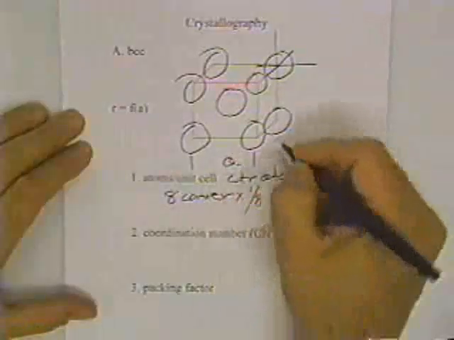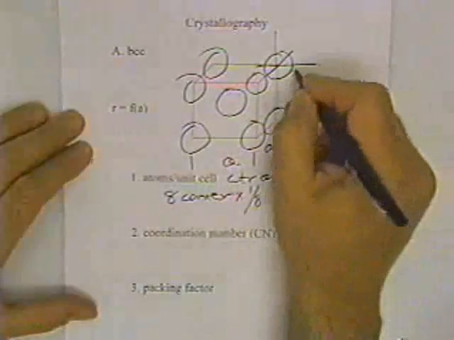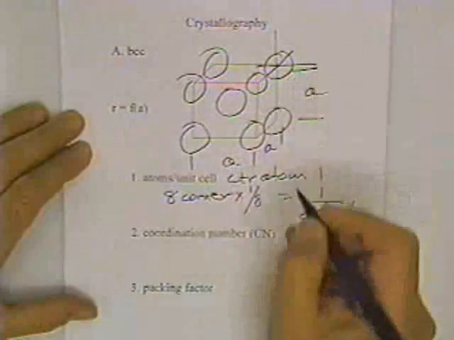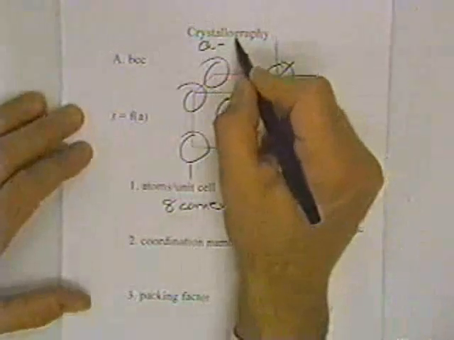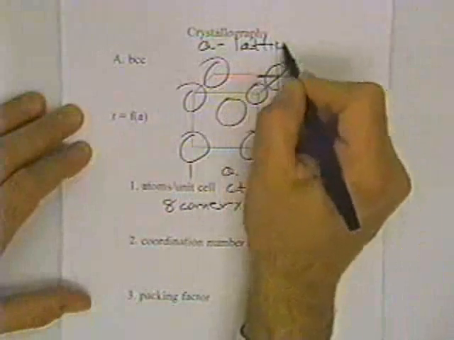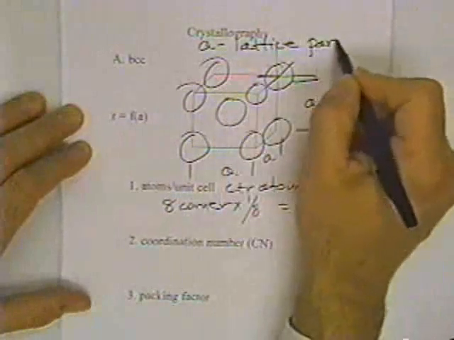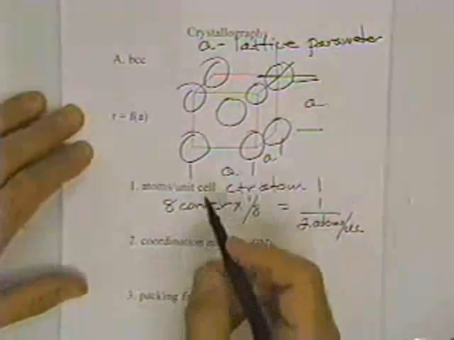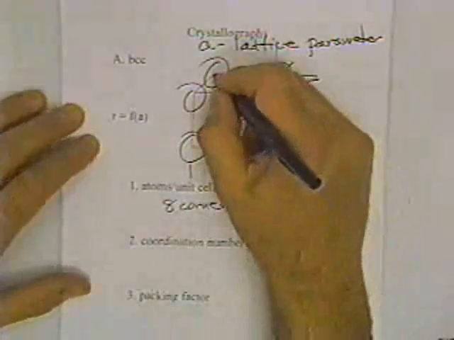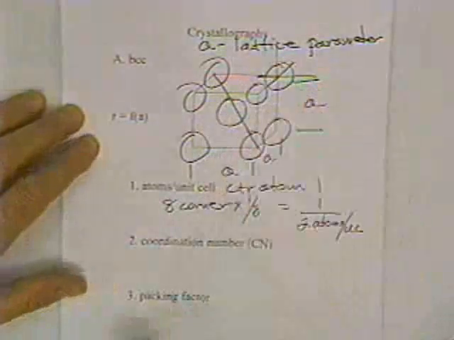Now, supposing you would like to know what the radius of one of the atoms is. Well, this is a cubic system, and a is defined as the lattice parameter, or the unit cell dimension. And the atoms touch along the cube diagonal.